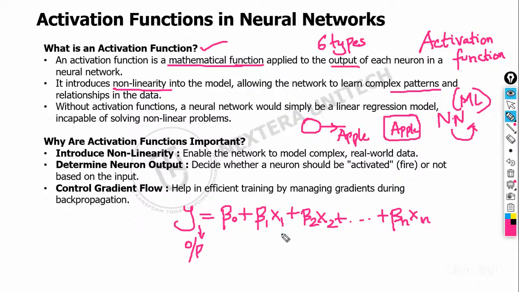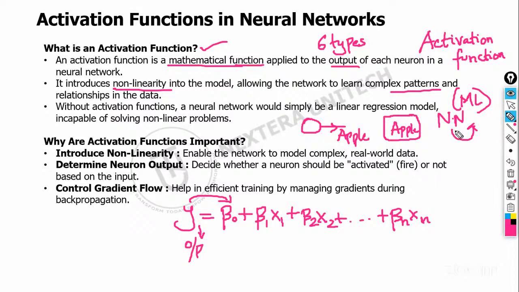So if you see this particular equation, the relation between inputs and output will be linear. That is what it is trying to say. Without an activation function, the neural network we are trying to build will be similar to a linear regression problem.